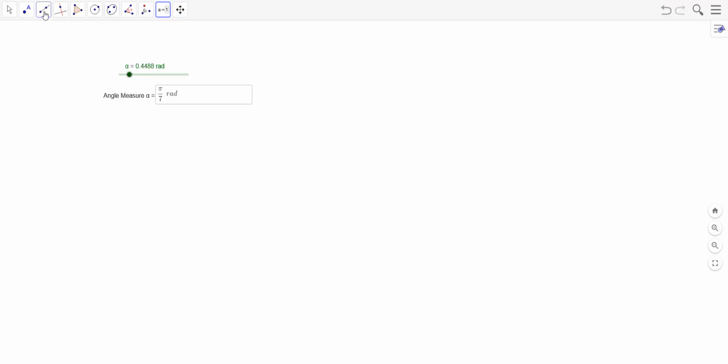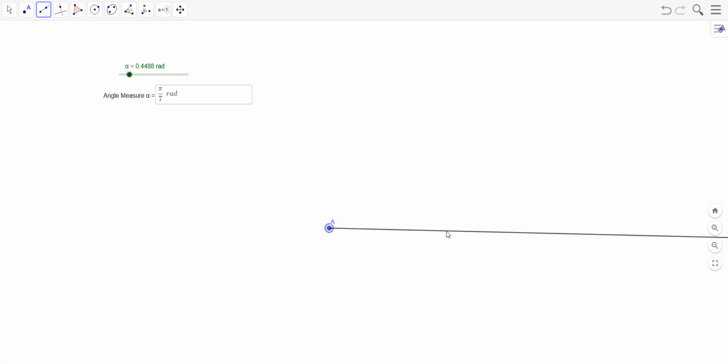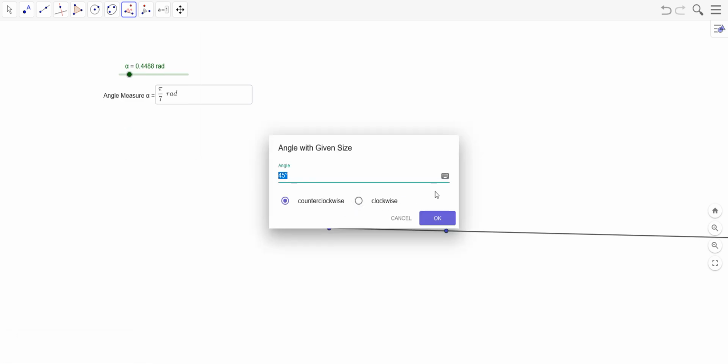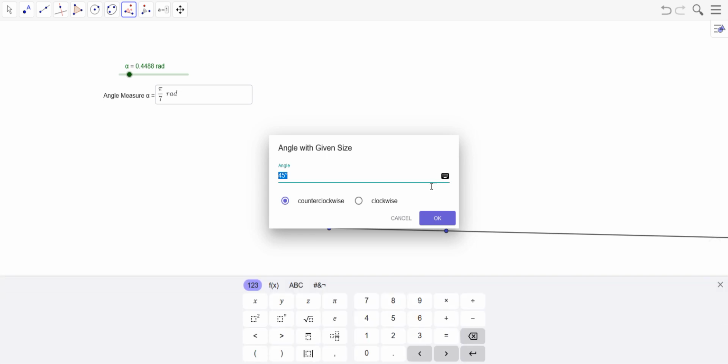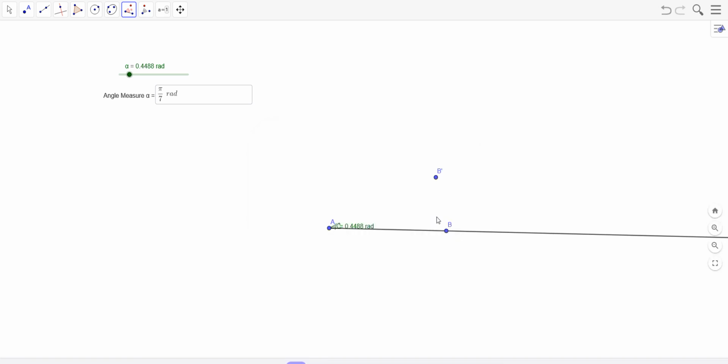Now let's suppose we want to make an angle of that size. We just do our ray here and we do angle with a given size. We go here, here, and then choose alpha. See if I can get to it again. There we go. And so that's going to be that.